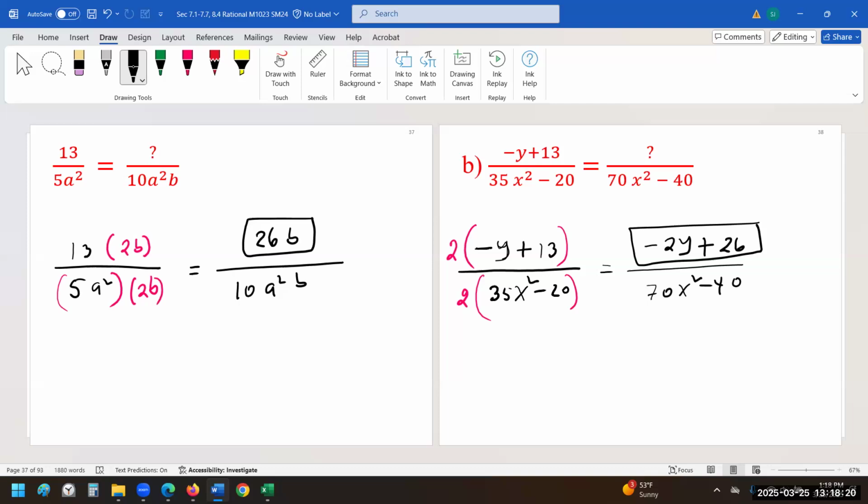So is the concept clear about equivalent expressions? Is anybody lost yet? No? 35 and 70, so why is it x squared?